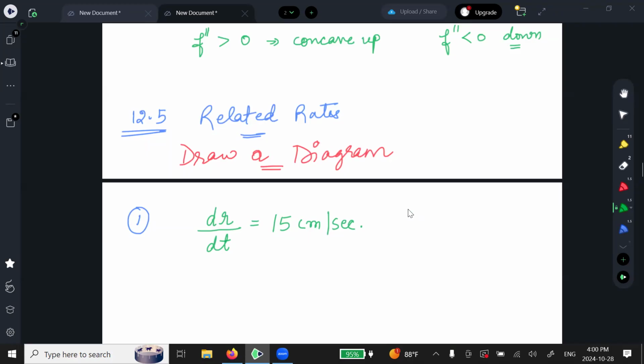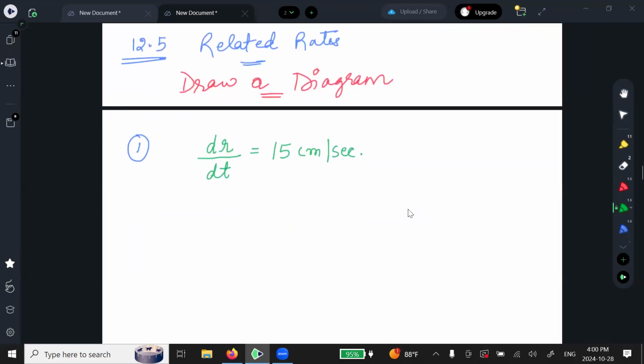They don't give you the radius alone. Part A, they want you to find how fast is the area growing. What do they want you to find? Not the area. They want to find how fast. What are you looking for? Tell me in math language. They're asking how fast is area changing?